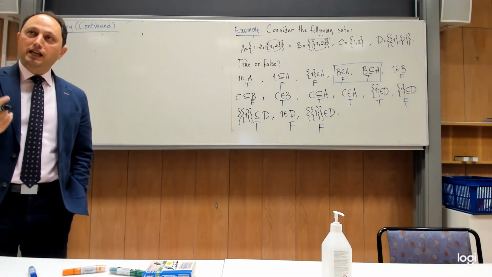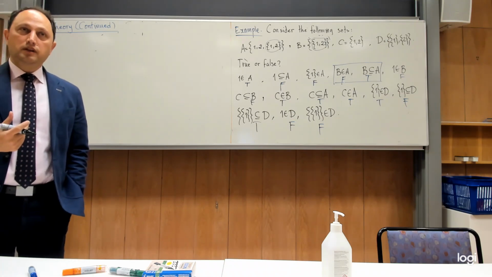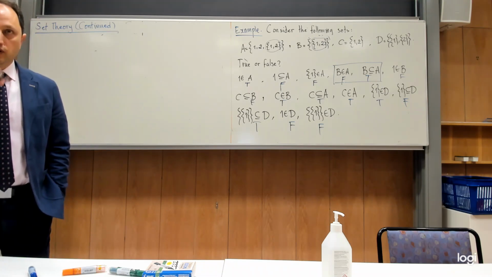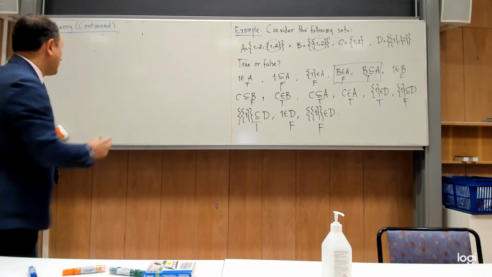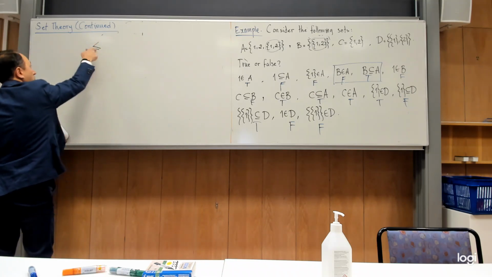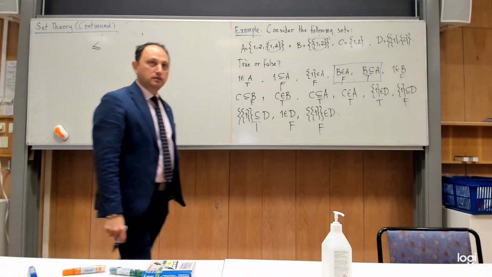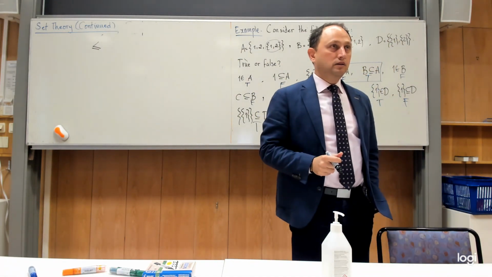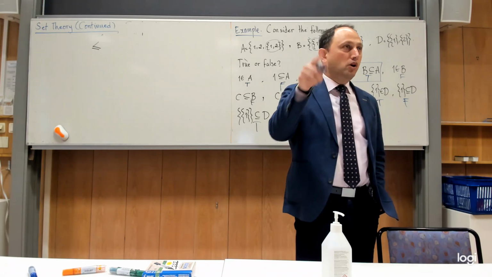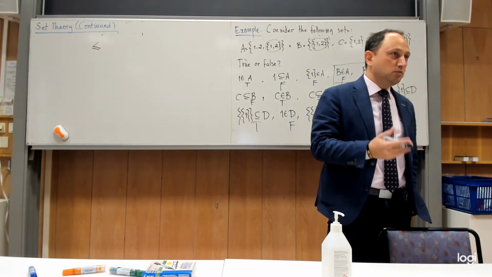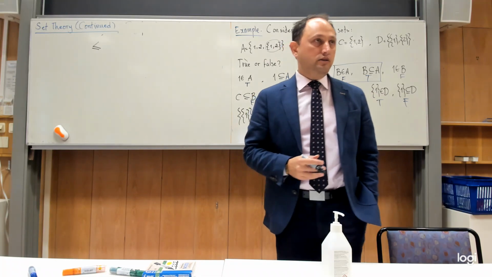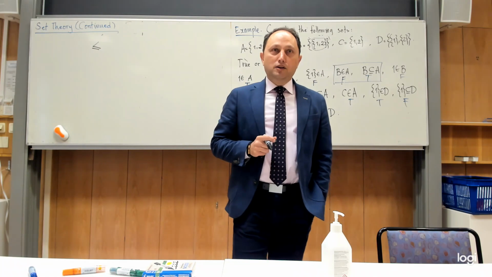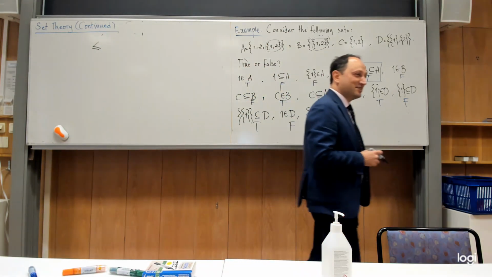So a relation is called reflexive if every element is in relation with itself. For example, this relation for numbers is reflexive. Why? Because every number has this relation with itself. Any number is smaller than or equal to itself. So this means that this relation is a reflexive relation. Do you think friendship is a reflexive relation?